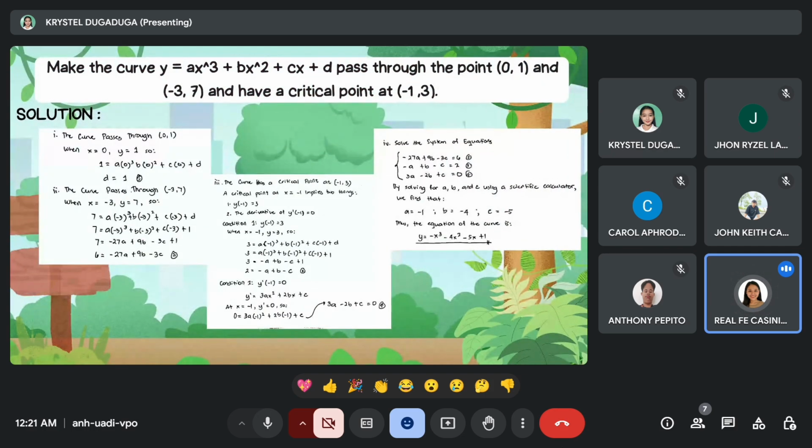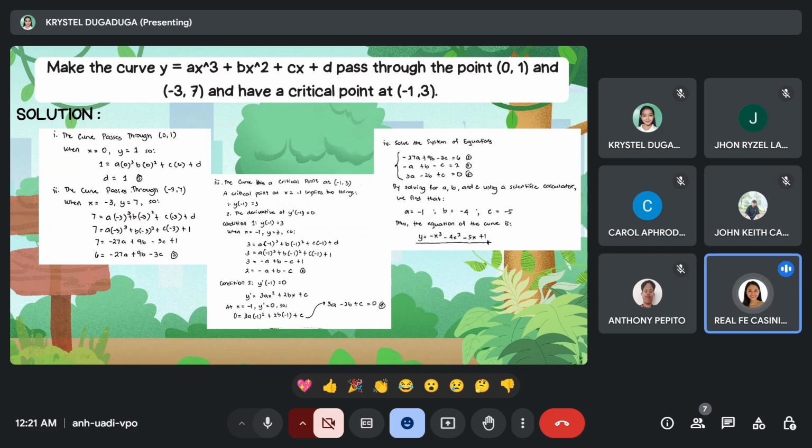The solution is to make the curve y equal to ax cubed plus bx squared plus cx plus d pass through the points 0, 1 and negative 3, 7 and have a critical point at negative 1, 3. First, let's see the equation when the curve passes through 0, 1.